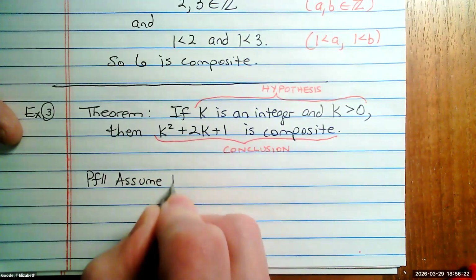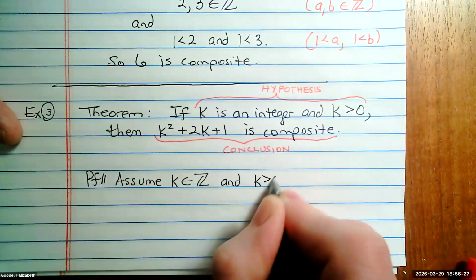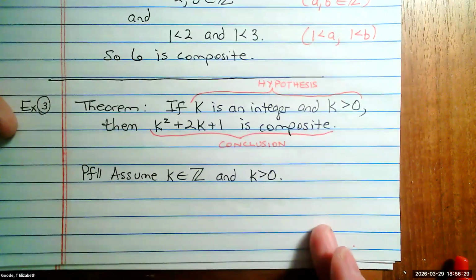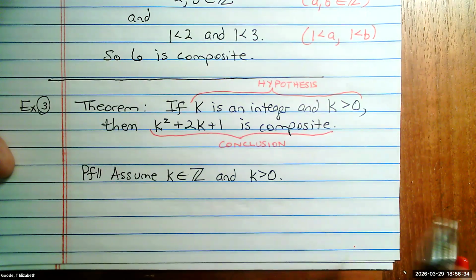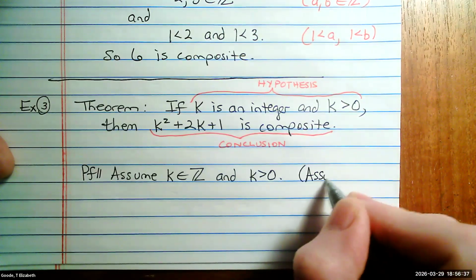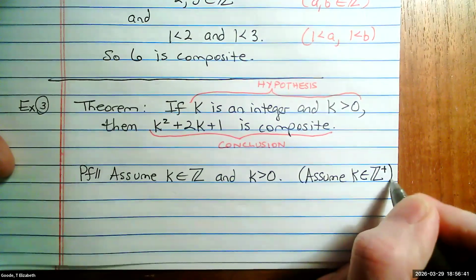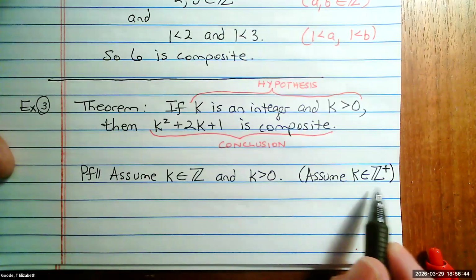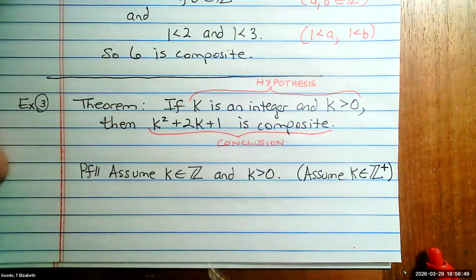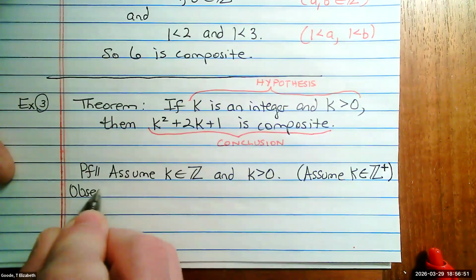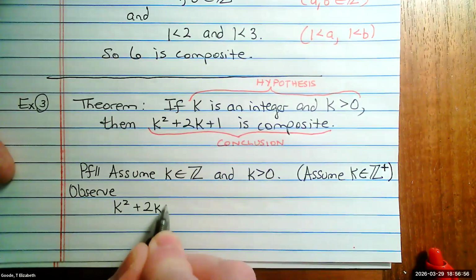So proof. Assume k is an integer and k is greater than 0. There's another way to say that, and I am going to show you the class notes where we proved the other statement we saw. We could just say assume k is in Z plus. That's what it means to be in Z plus. It means k is a positive integer. You could say the hypothesis either way. Now let's take a look at this expression, k squared plus 2k plus 1.